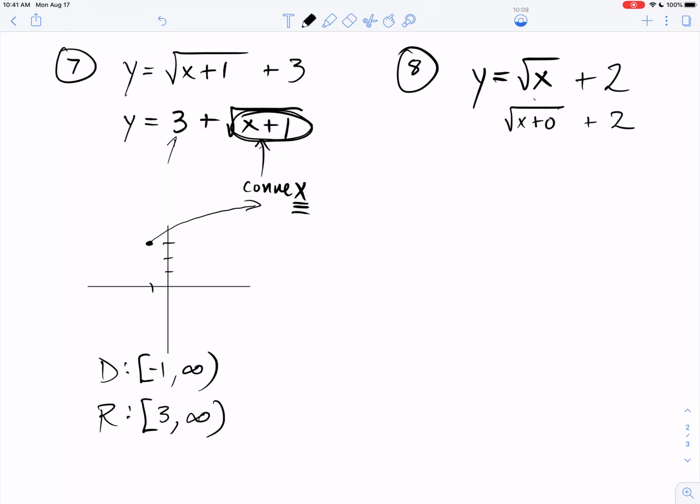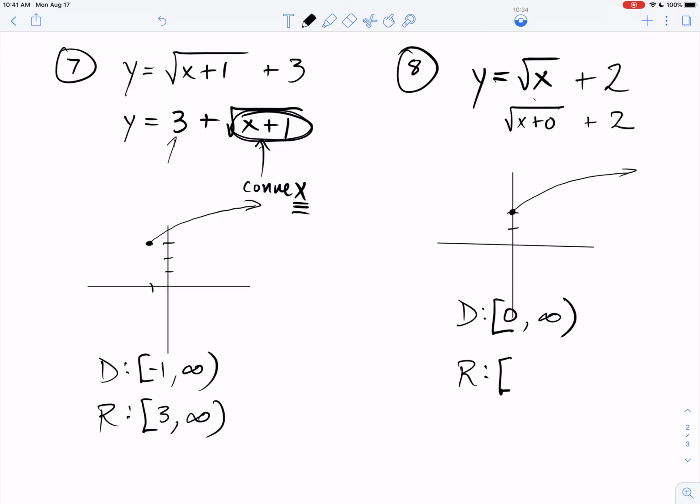And then you'd say, oh, okay, I can sketch this graph starting at 0 for X motion, and then I go up 2 for the Y motion, and I'm a graceful arcer. There we go. Once again, domain, I would say 0, infinity. For the range, I would say 2 to infinity. Let's move on.